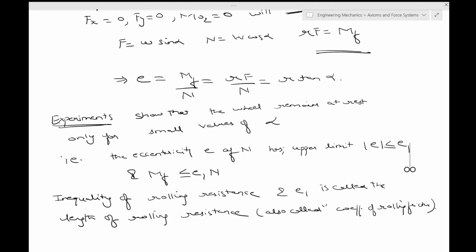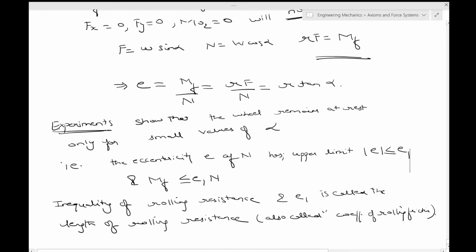Just by looking at this, you can say that it has the dimensions of length. Okay, E1 has the dimensions of length, since the dimensions of E1 and E have to be the same, and it may depend on the curvature of the contacting curves, speed of travel, and properties of the material and surface, and so on.